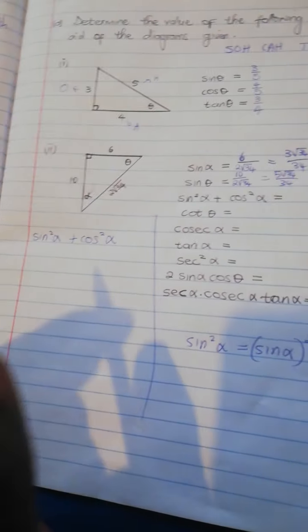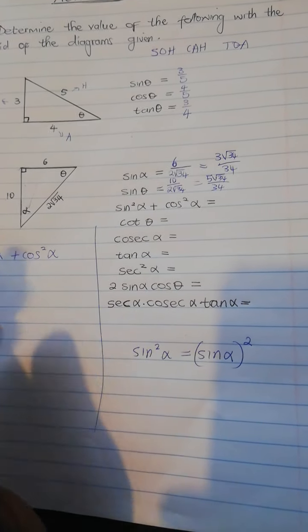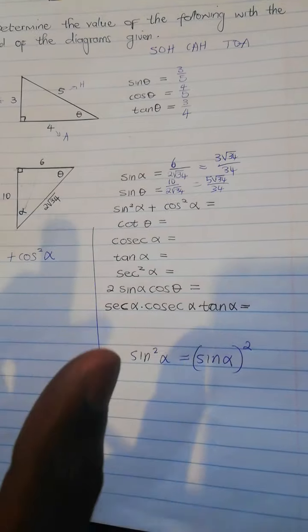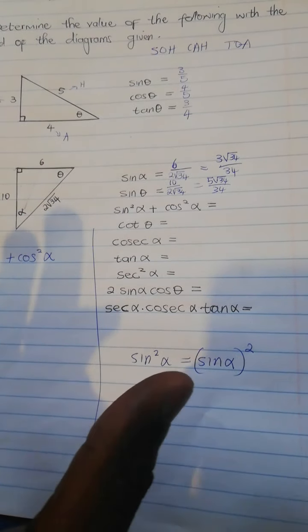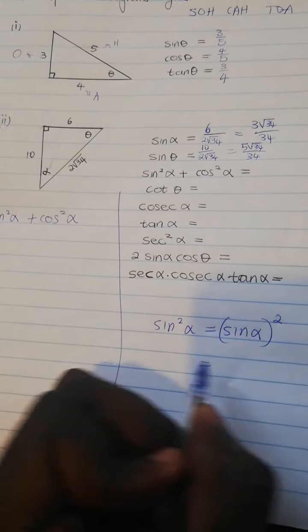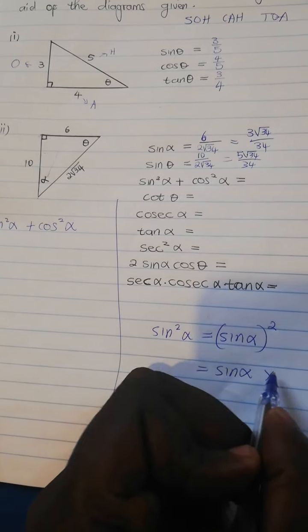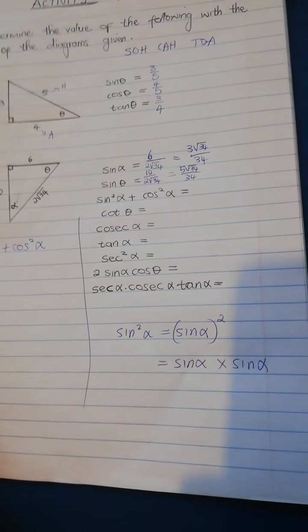So you find the value of sine alpha, write it as a fraction, and then raise that fraction to the power of 2. Or you can just say it's the same as sine alpha times sine alpha.